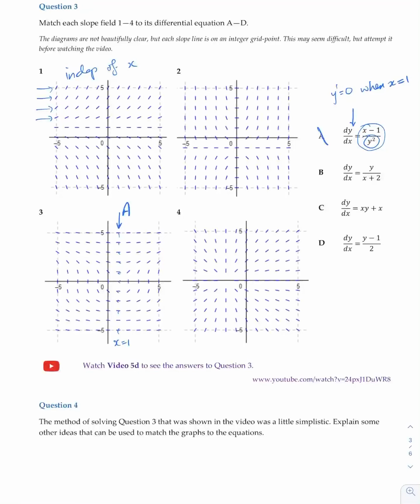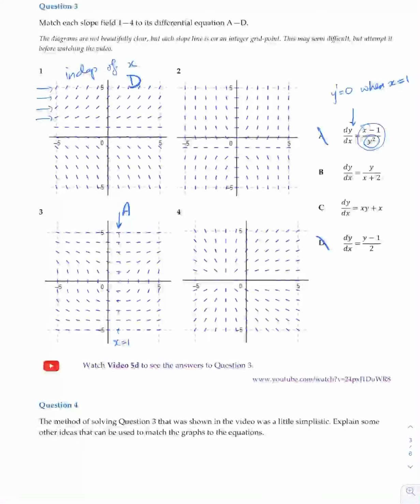They're the same all the way across. And in the equations, the only one that's independent of x is D. There's no x in this one, so that's all the evidence I need to make that conclusion.